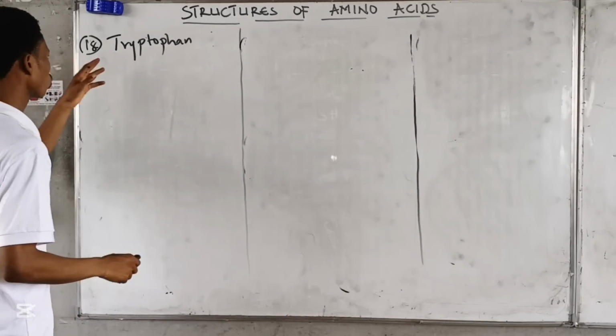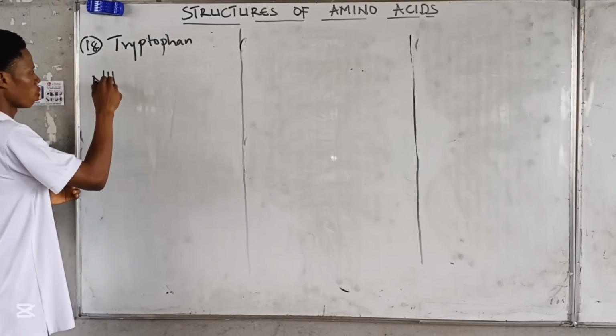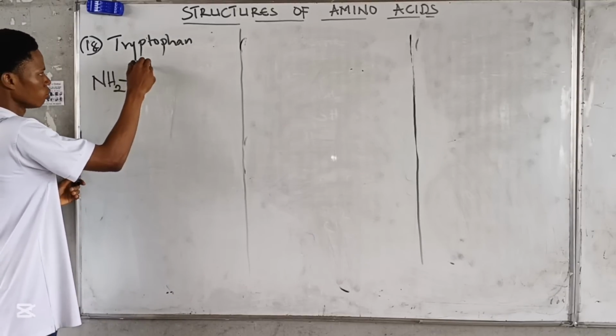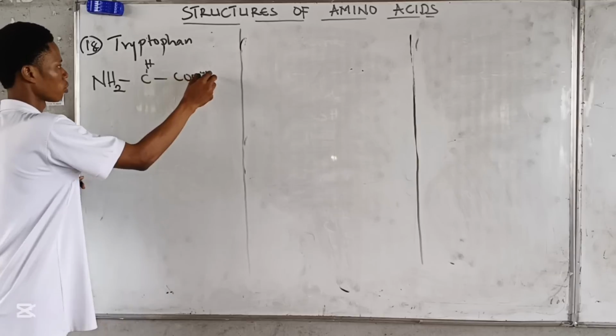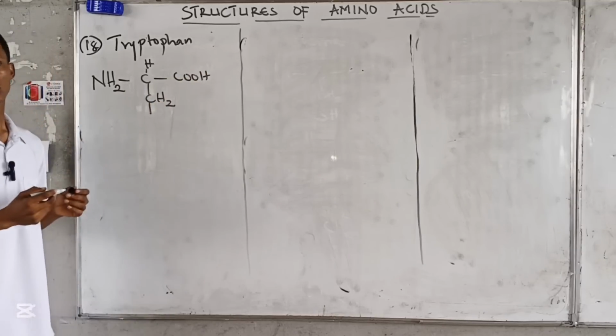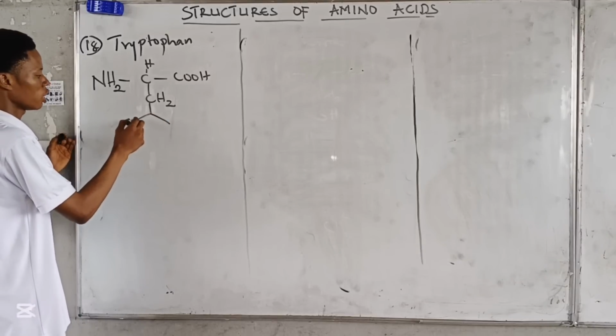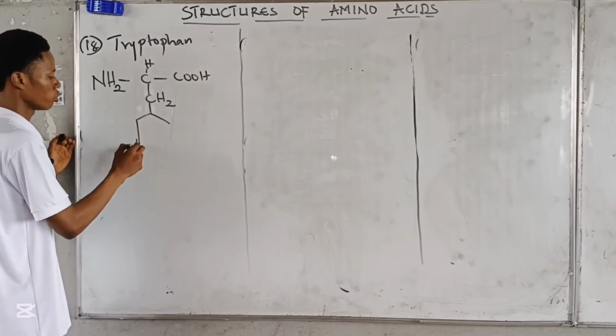So number 18, let's draw the structure of tryptophan. Tryptophan is also a derivative of alanine. Now, in addition to alanine, you have to add this heterocyclic compound, a double heterocyclic compound.